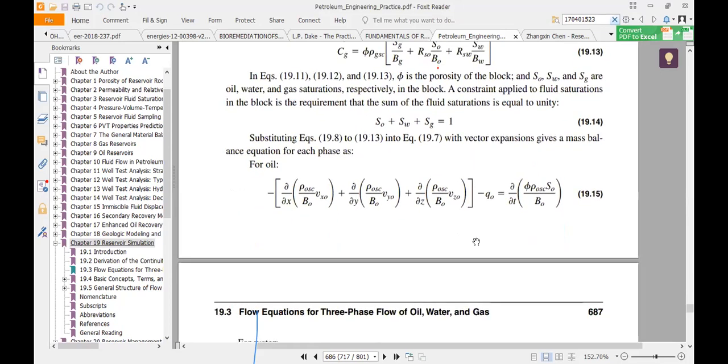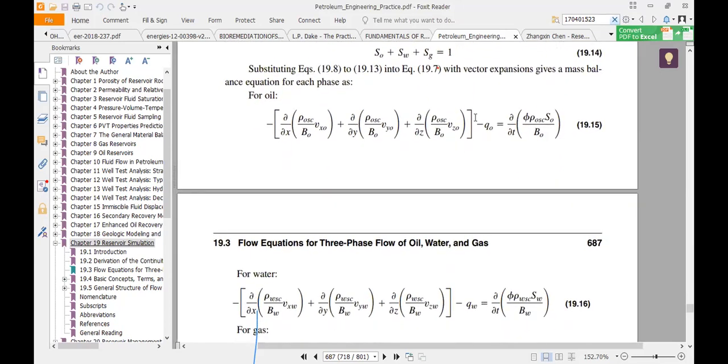If you look at equation 19.15, I believe you guys can relate to equation 19.15.